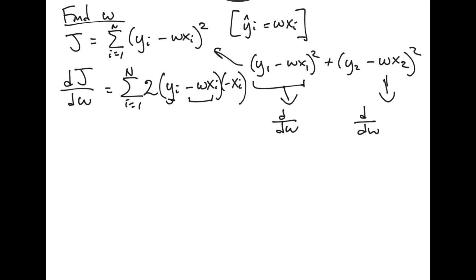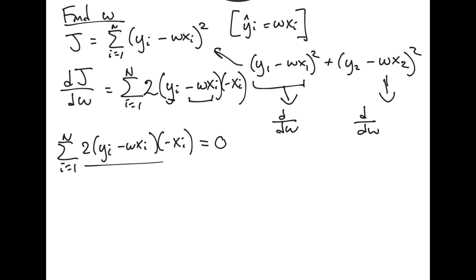Okay, and now, as you know, we need to set this to 0 and solve for w. So we'll just write it down again. The sum going from i equals 1 up to n of (y sub i minus w x sub i) times minus x sub i equals 0. And we want to find w. The first thing we can do is get rid of any constants.